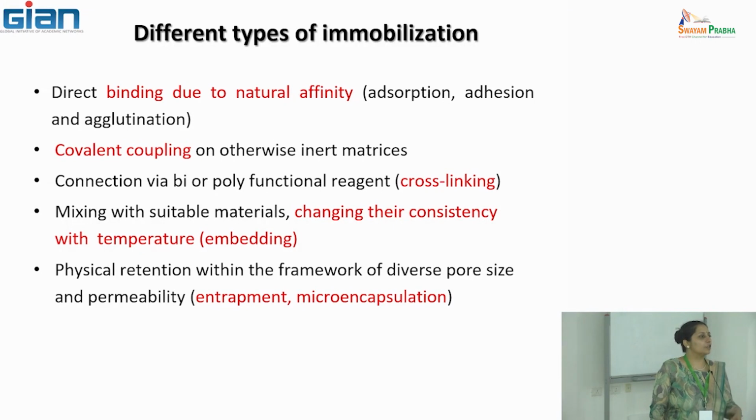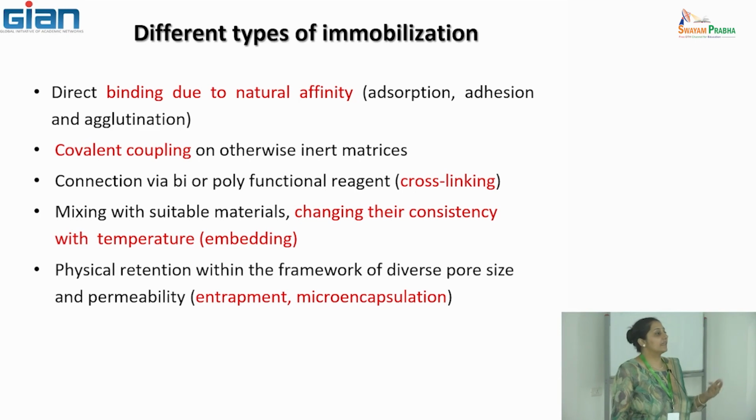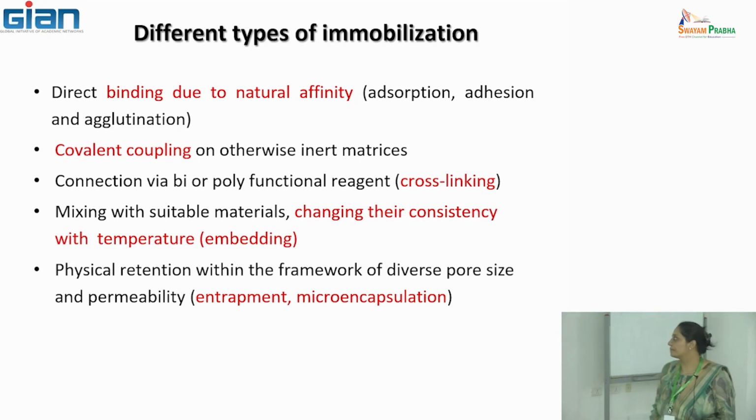So this is again a topic for your self-study, where the information is available, where different techniques can be used for cell immobilization, ranging from covalent coupling, natural affinity, which will include adsorption, aggregation, agglutination, or cross-linking by using polyfunctional agents, or using temperature to change the consistency, the physical properties, like when you use agarose gels. Or you also use entrapment like calcium alginate beads.